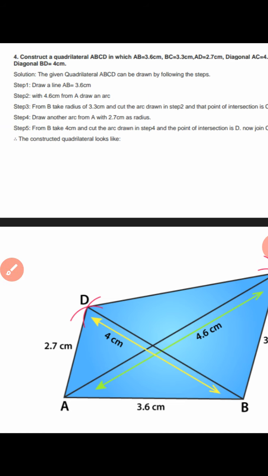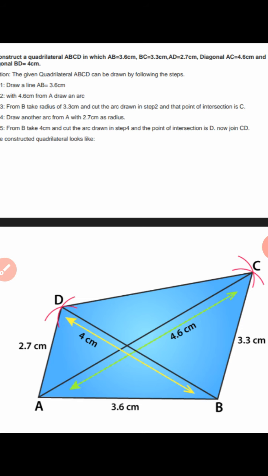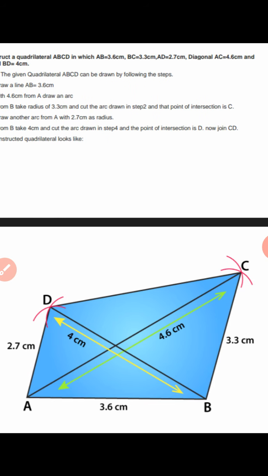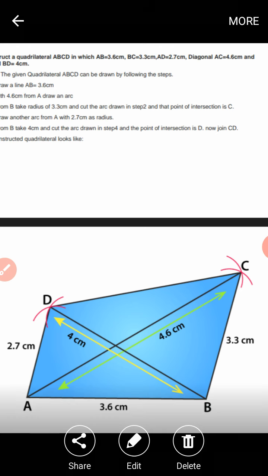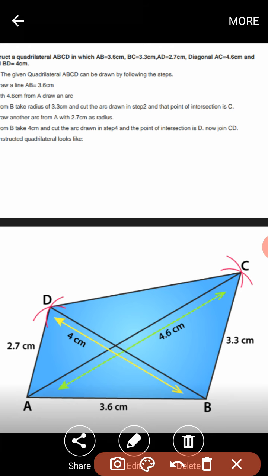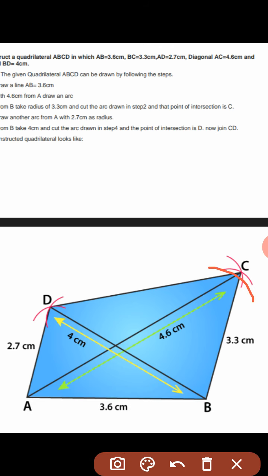Then next step, from B, take radius 3.3 centimeter and cut the arc drawn in step 2, and then point the intersection as C. Then we have to cut another arc from point B, that is equal to 3.3 centimeter.